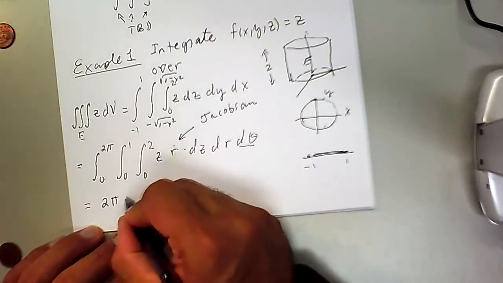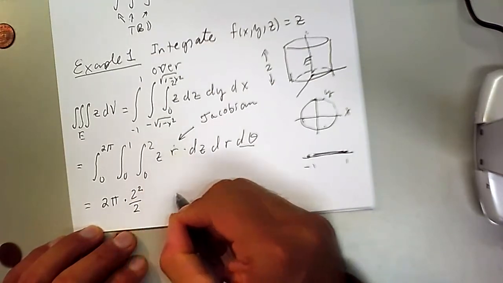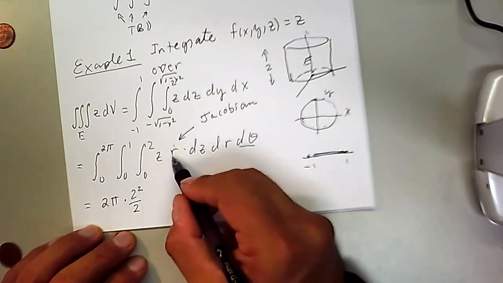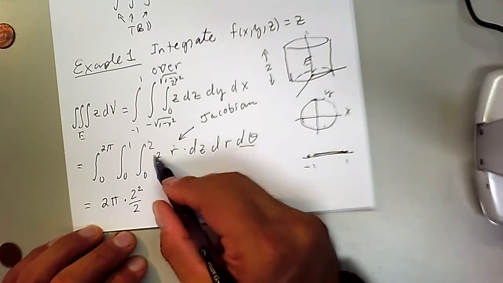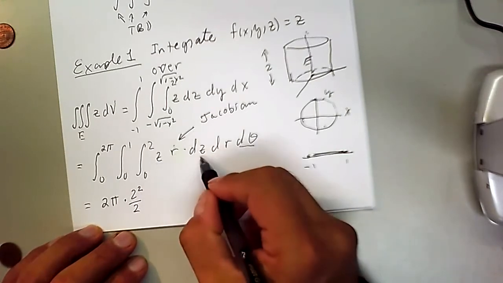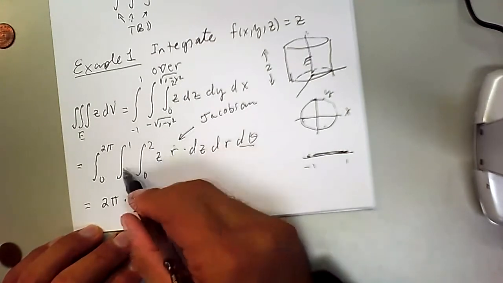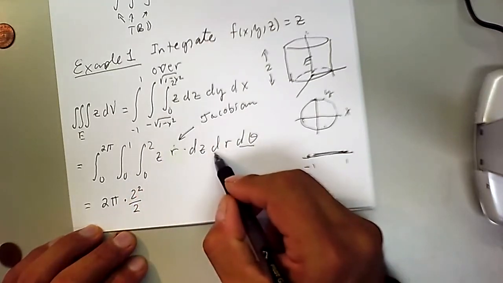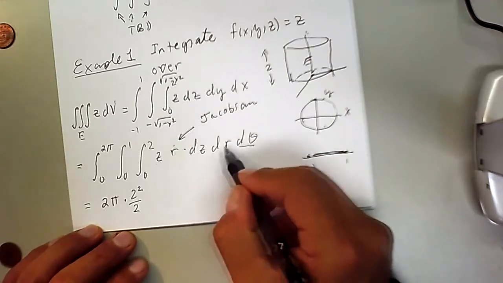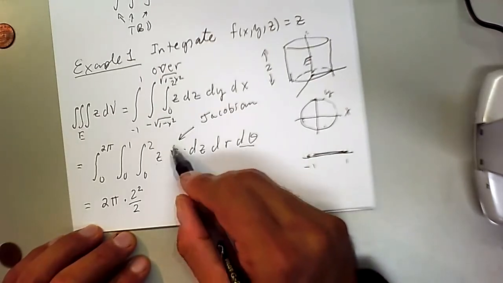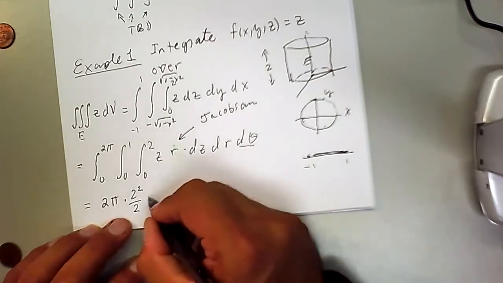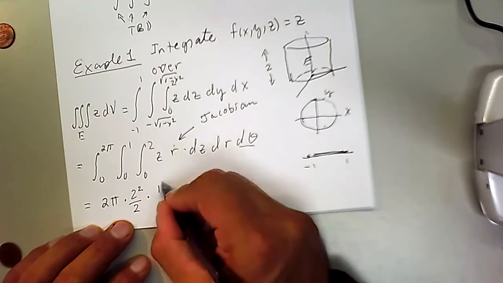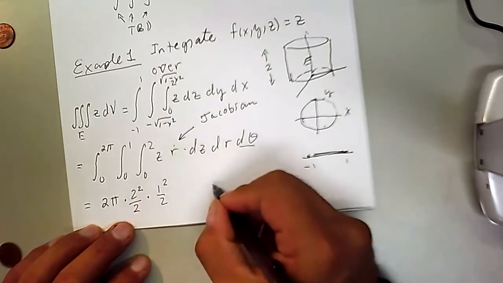Let's just write that down. 2 squared over 2 minus 0 squared over 2. So that takes care of this. The r is a constant relative to the integration with respect to z. And then we integrate the r from 0 to 1, and with respect to r that's going to give us r squared over 2, from 0 to 1, so that's 1 squared over 2 minus 0 squared.